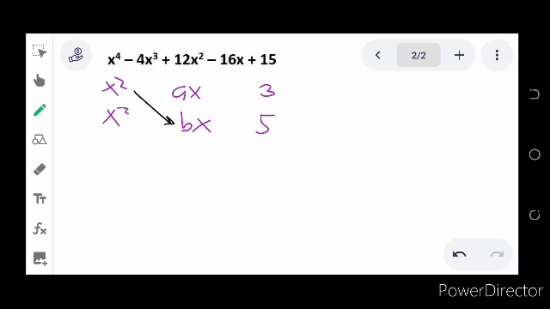This one gives you bx cubed, and this one, that's ax cubed. These are all the coefficients of x cubed, so this has to be equal to negative 4. So you have a plus b equals negative 4.